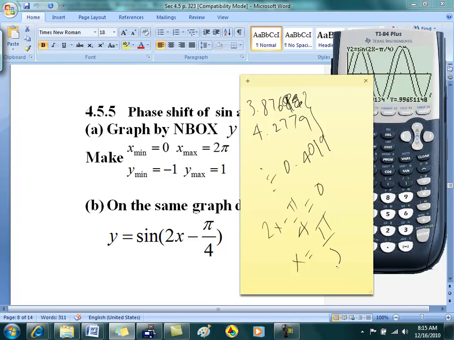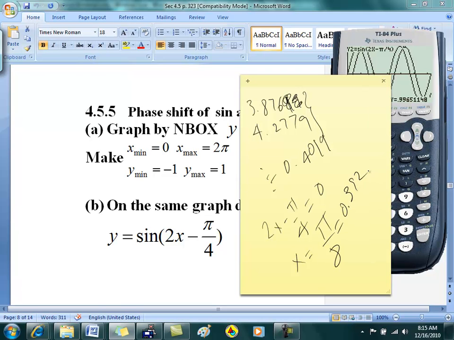Is everybody with me on that? What's pi over 8 in your calculator? 0.3926. Kinda like that?